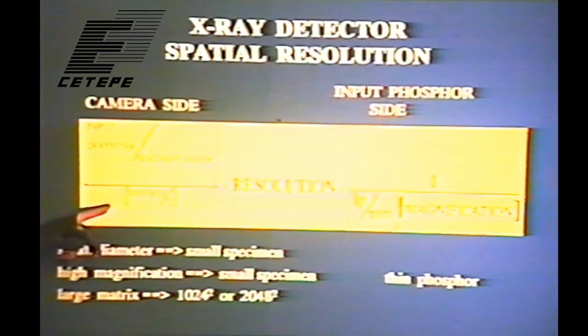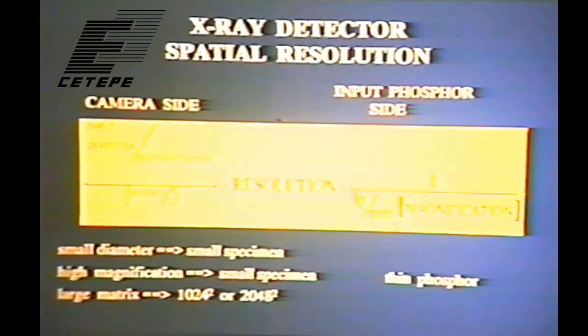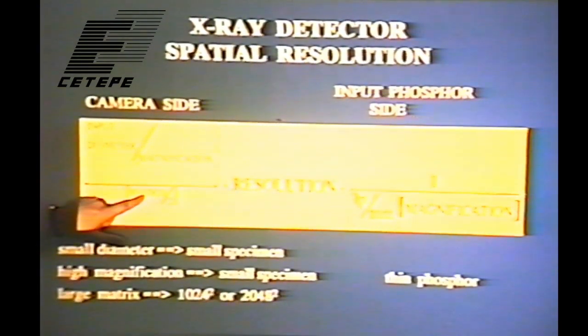So what you want to do is have this number be small, whatever, 30 microns, 100 microns. You can see that matrix means the dimension on your CCD. If it's 512 or 1024, now you can get CCDs all the way up to 4096, 4K by 4K. So that's this number. And this is the size, so if that's big, then this equation will get small.